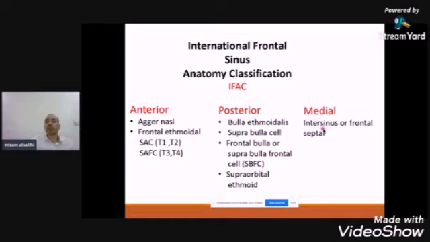The medial group is the intersinus or frontal septal cell. The anterior group pushes the frontal recess posteriorly or posteromedially, the posterior group pushes it anteriorly or anteromedially, and the medial group pushes it laterally.